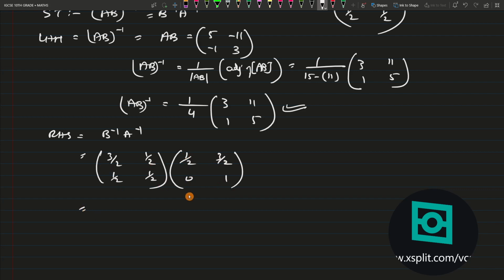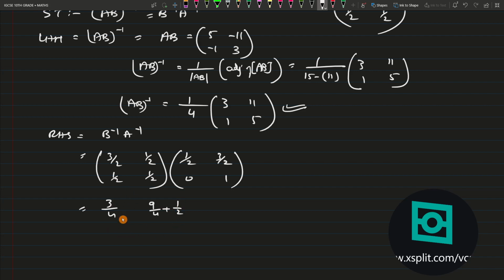So first row, first column will be 3 by 2 into 1 by 2, which is 3 by 4, plus this half into 0 is 0. So it will be 3 by 4. Then first row, second column will be 3 3s are 9 by 4, plus 1 by 2 into 1 is 1 by 2.